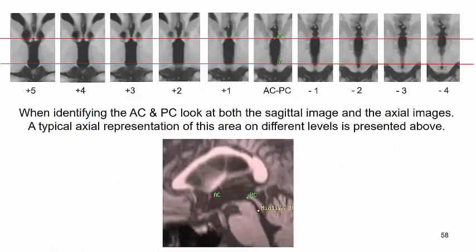When identifying the AC and PC, look at both the sagittal images and the axial images. A typical axial representation of this area on different levels is presented above.